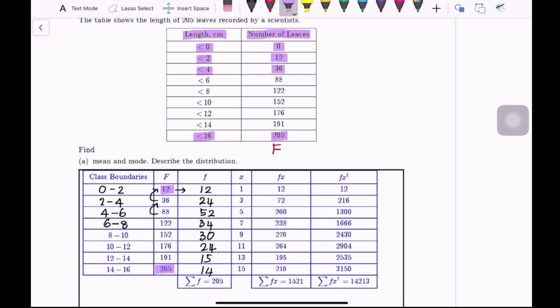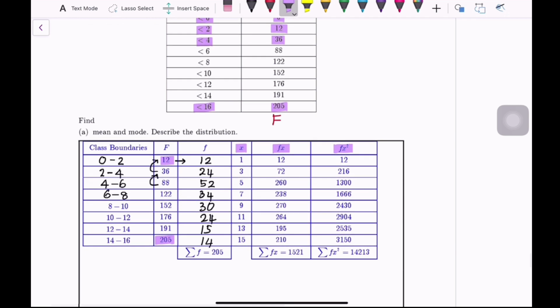Then we determine the class mark, f times x, and f times x squared. Then we total up the sum of frequency, sum of fx, and sum of fx squared.